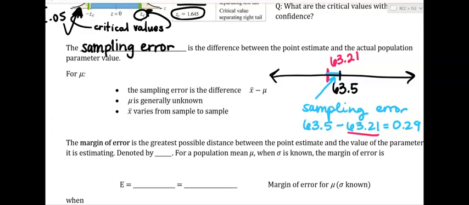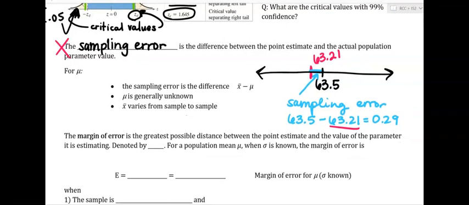So generally, we will not be finding sampling errors. We're not going to spend a lot of time finding them, but I did want to give you that definition. The reason that we won't find a lot of them is because, remember, the whole purpose of this lesson is that, for the most part, population averages are not known. They're usually estimated with really good samples, because it's so difficult and so expensive to get population data.